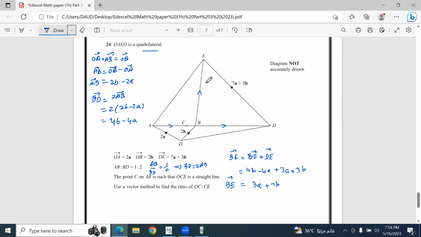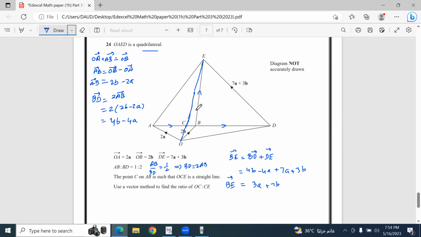And if I connect OE, now you can find OE easily also. So draw a line which passes through C and connects O. Okay, a straight line, this line. That will help you also.